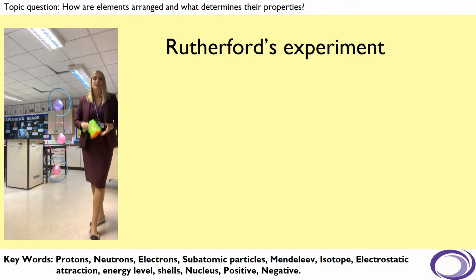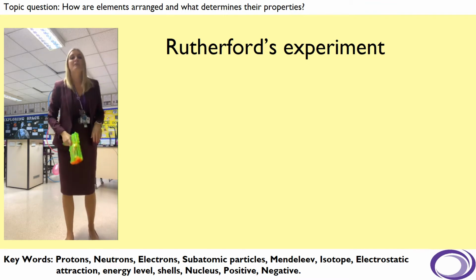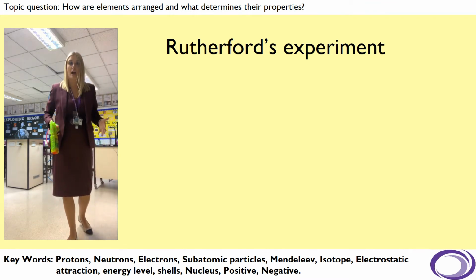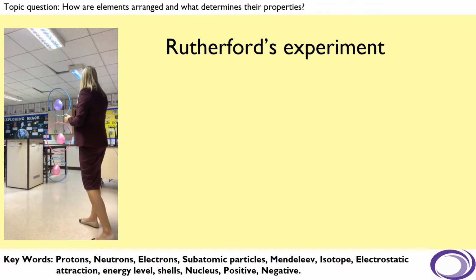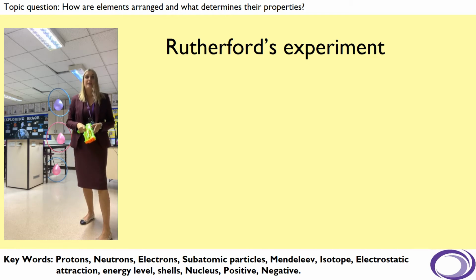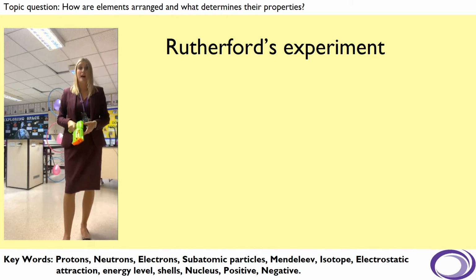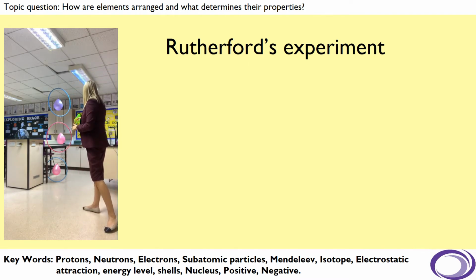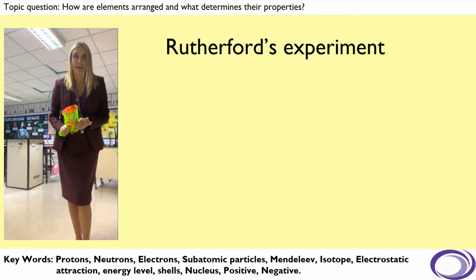He thought that his positive alpha particles, which will come out of this, would pass straight through the amorphous blob of positive charge, which had the electrons embedded in it. However, he found that around 1 in 8,000 of his alpha particles actually bounced back because it hit the positive nucleus.